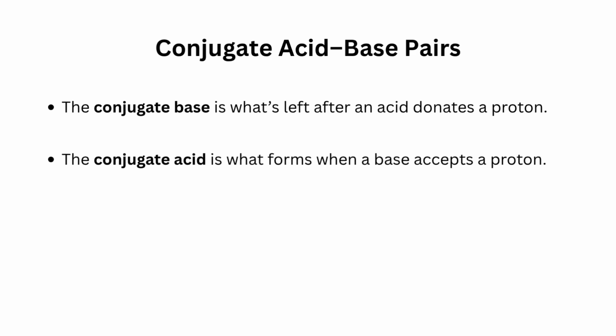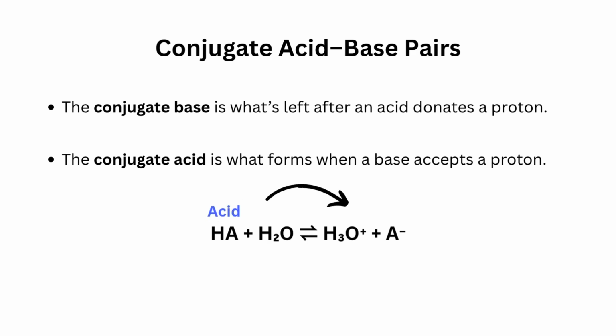Example: in the reaction HA plus H2O double arrow H3O+ plus A-, HA is the acid and A- is its conjugate base. H2O is the base and H3O+ is its conjugate acid. Understanding these pairs helps us predict the direction of equilibrium and the strength of acids and bases.